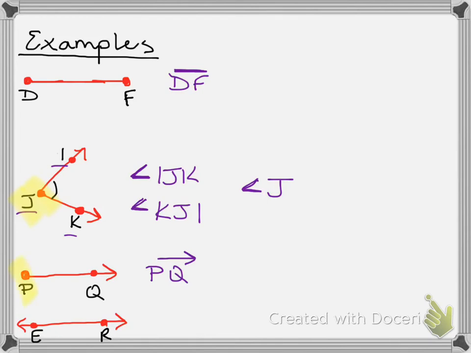So this is ray PQ. All right, last one. I think there might be a couple more on the next page. Yep, I think there's a couple more after this. All right, next one. What do I have in the last picture on this page? I see 2 arrows. So that must be a line. So there's the symbol for line. And then you label it with the points that were given. So it's line ER.